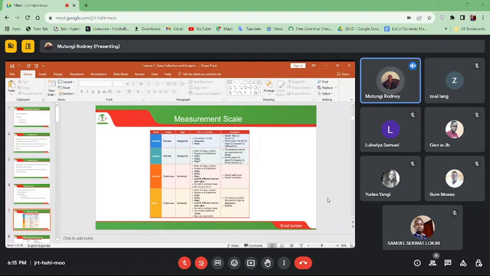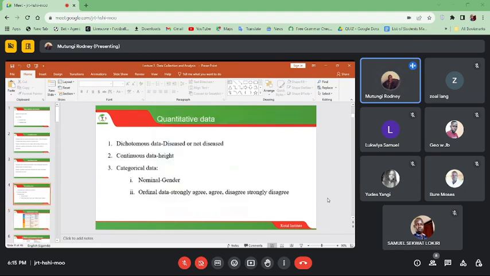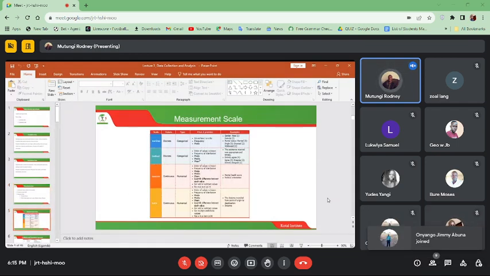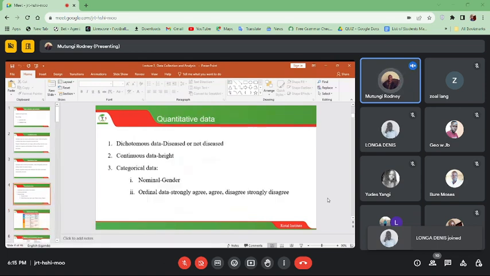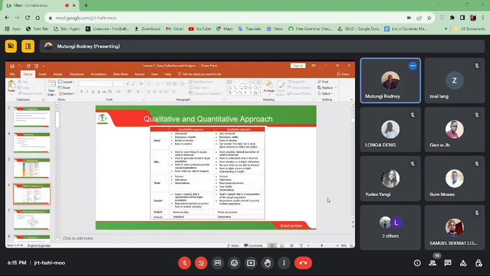Then in continuous data, you can have things like we have looked at here, the height, the weight, and other things that you are going to see here. So the table is not so clear here, but it is very important to better understand what we are looking at in quantitative data.